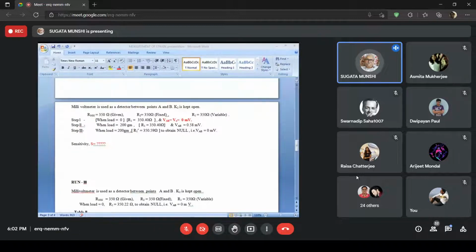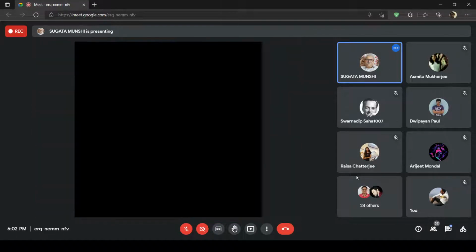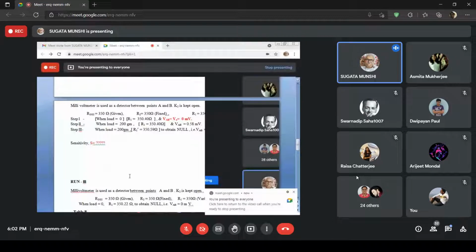One active gauge, one dummy gauge, as I just described. It's the same as having a single gauge. So the sensitivity value that you will expect here is 1 by 4.